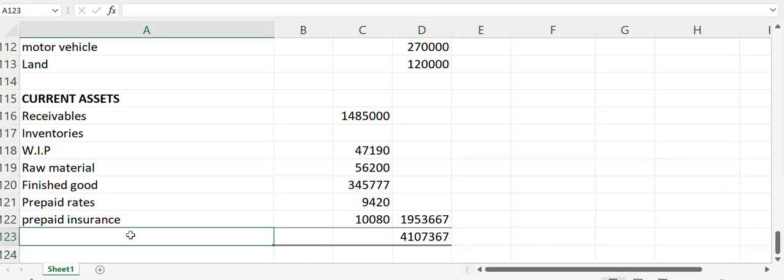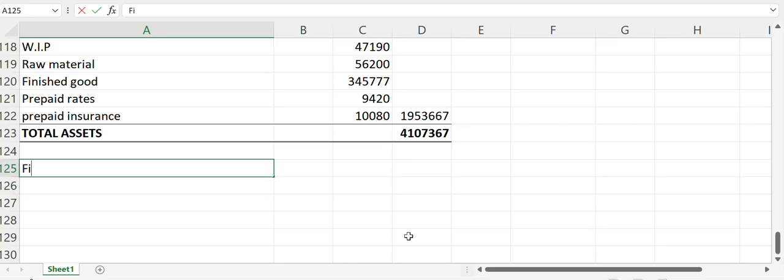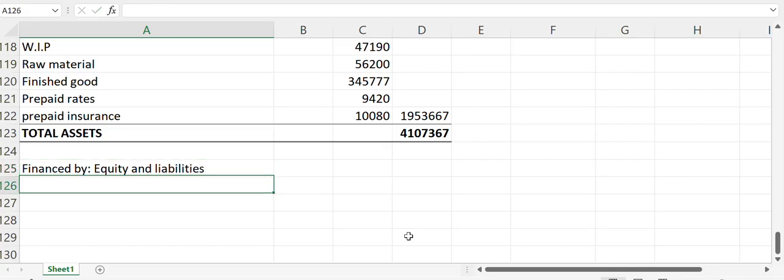So we have total assets there. Then now we can say financed by equity and liabilities. So we begin with equity.